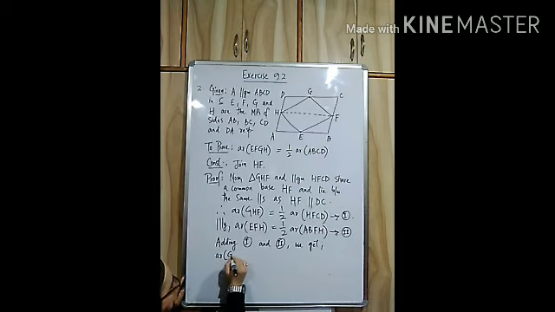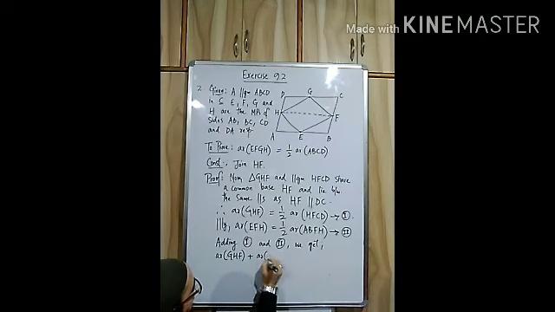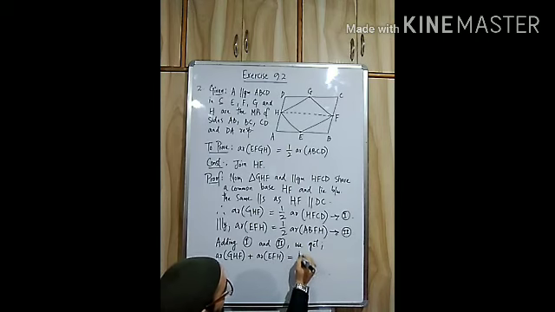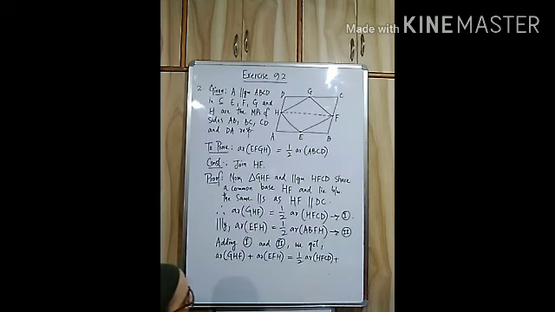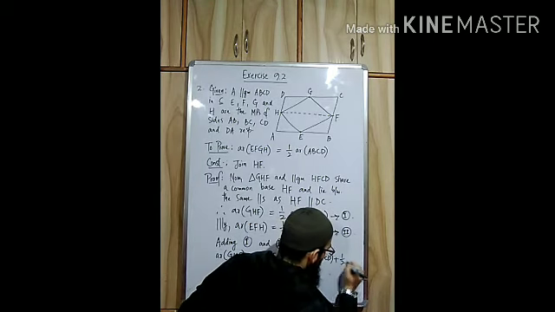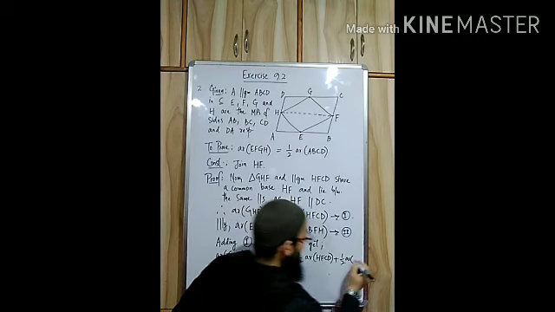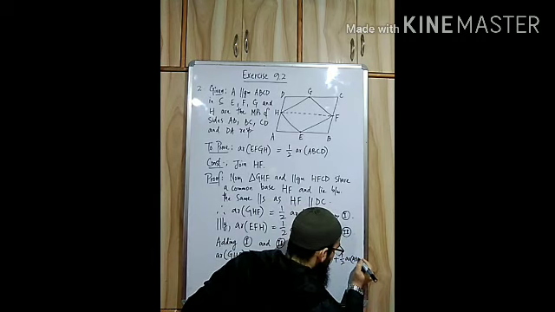Area of GHF plus area of EFH is equal to half of area of HFCD plus half of area of ABFH.